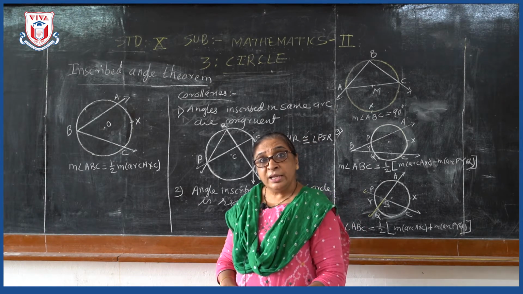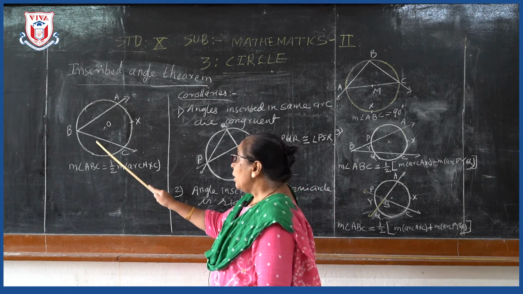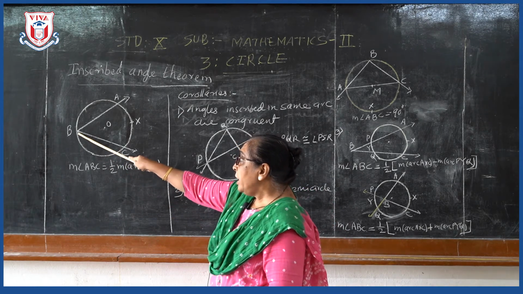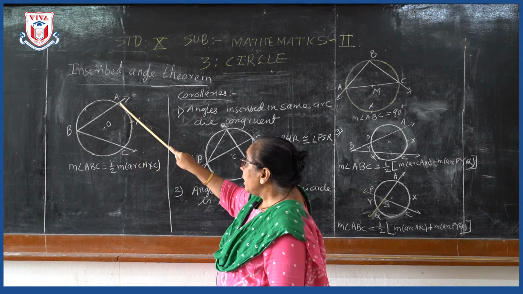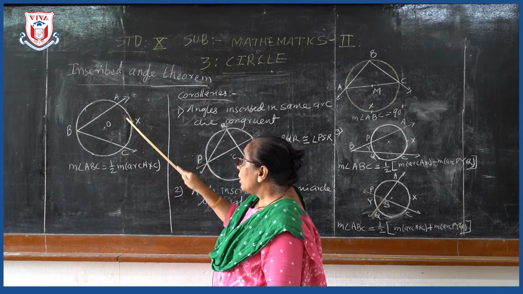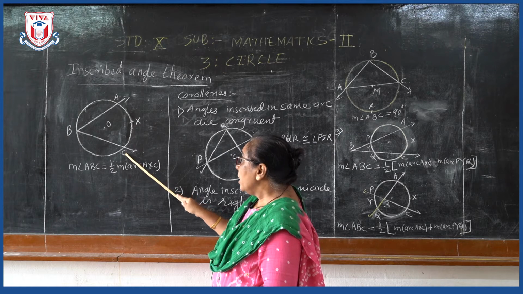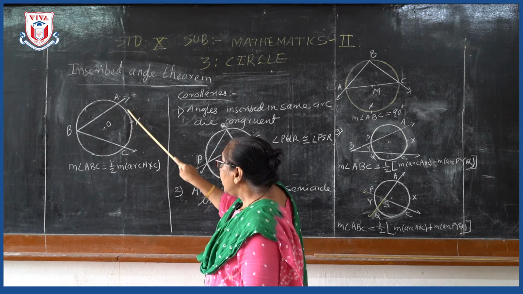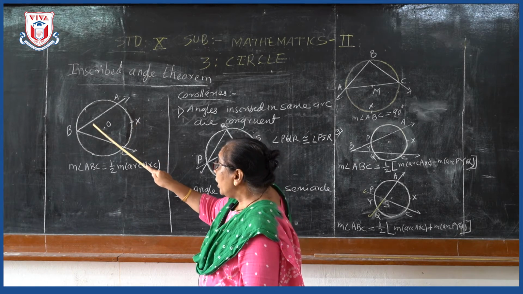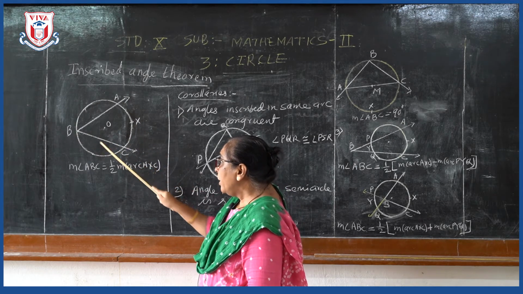When the angle is said to be inscribed, now if you see, vertex B is on the circle and points A and C are also lying on the circle, such that this arc AXC comes in the interior portion of this angle ABC.